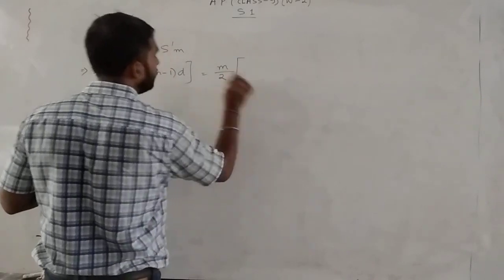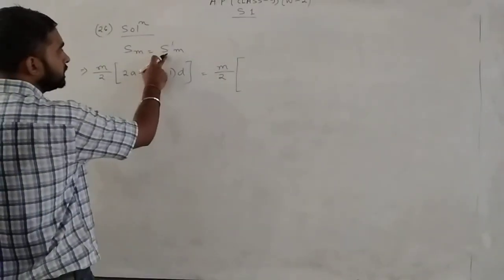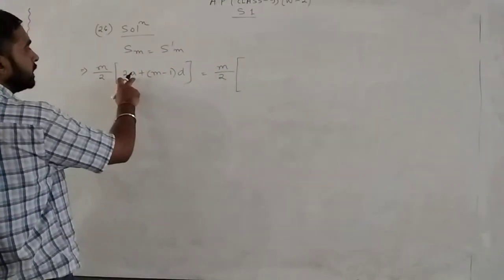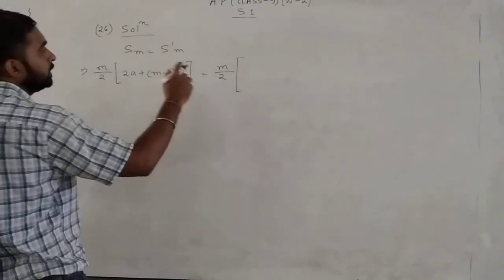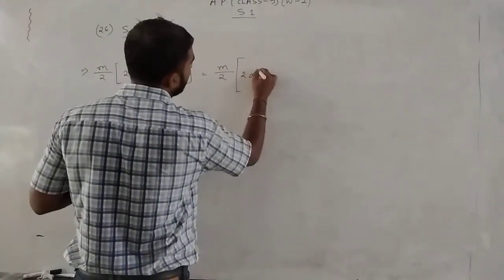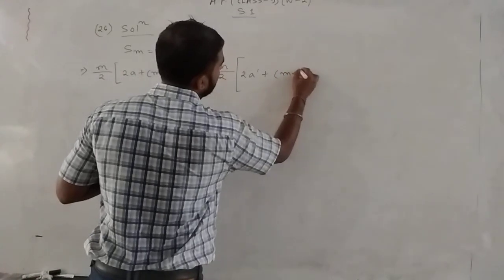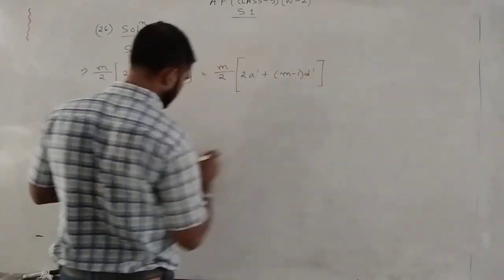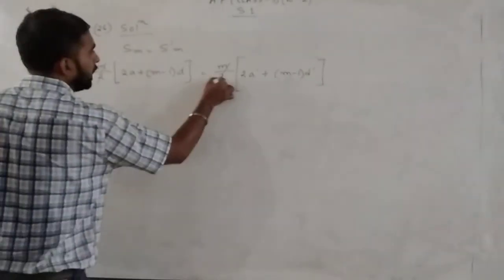So m remains m, but in this series the first term is A dash and the common difference is D dash. So replace A by A dash and D by D dash. Both sides m by 2 cancel.